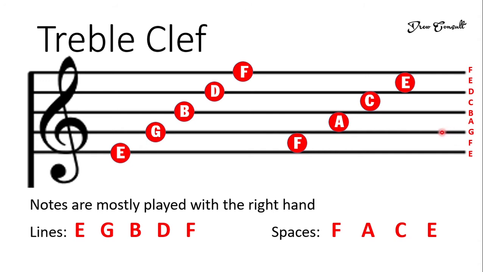In music, we don't have H, so we go back to A. You can see that the next space here is A. Then the line which follows is a B. Then the next space, C. The line D, E, F. So you can see that reading the treble clef shouldn't be difficult at all. Always remember that: look at your face in between the lines. F, A, C, E. Hope you remember that.